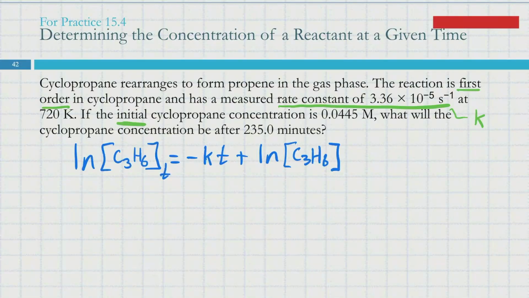We've got an initial cyclopropane concentration, that's our concentration with that 0 subscript, and we want to find the concentration at a time of 235 minutes.